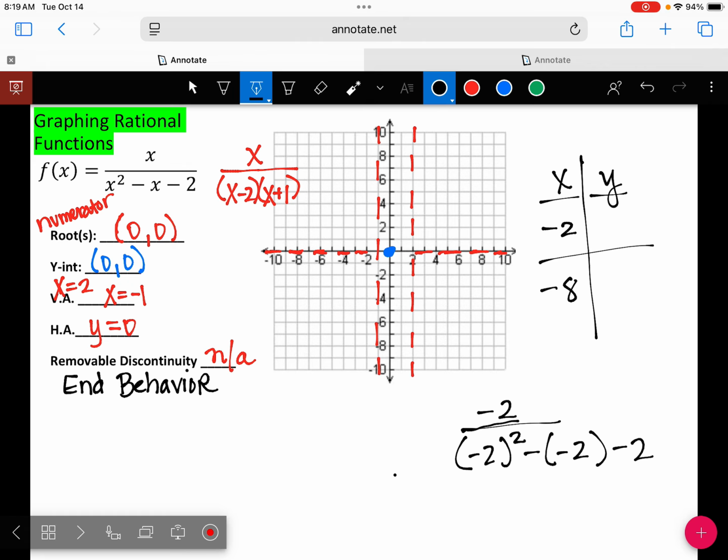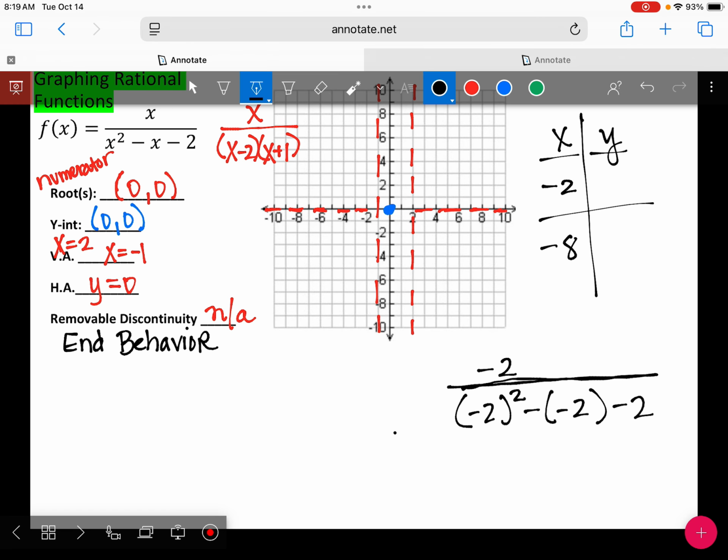I think it would be faster to not use a calculator, but you do what you're going to do. Then you're going to do it again with the -8. Just notice that I'm putting minus -8. So go ahead and see what you get for those two.